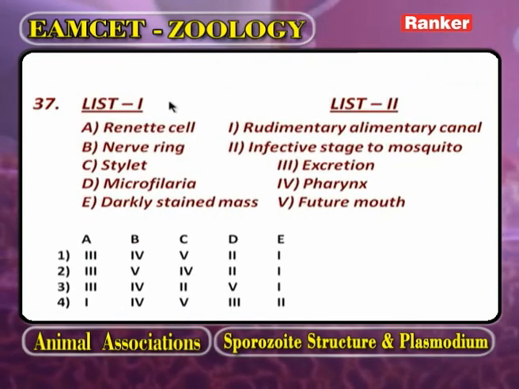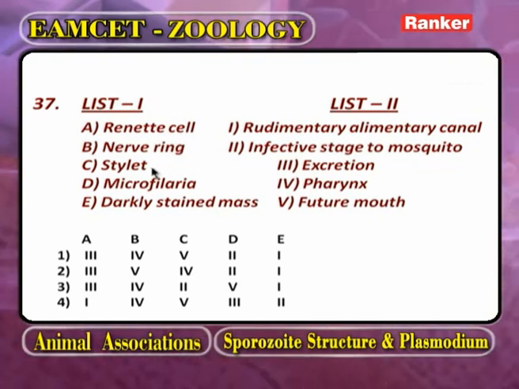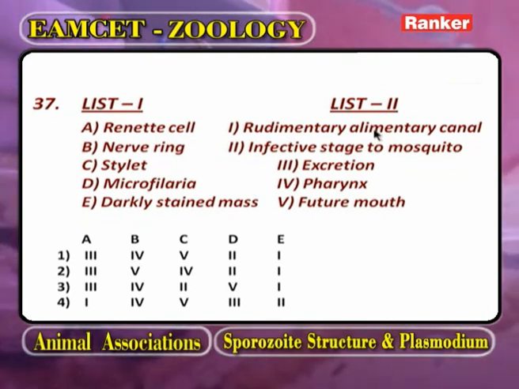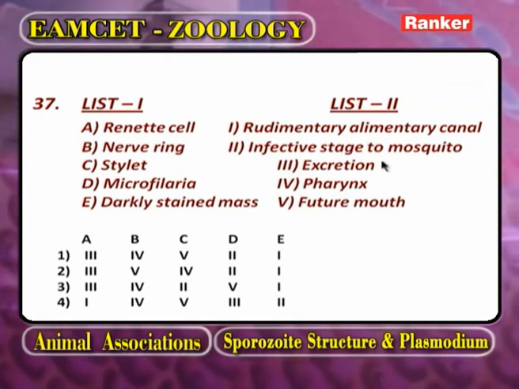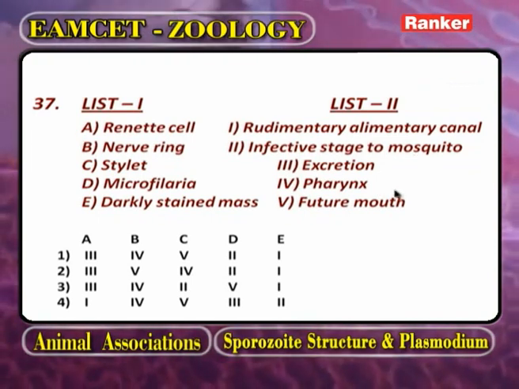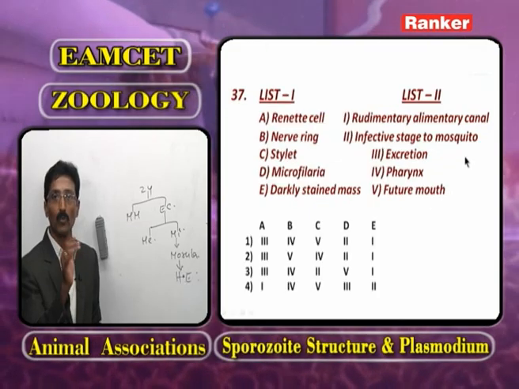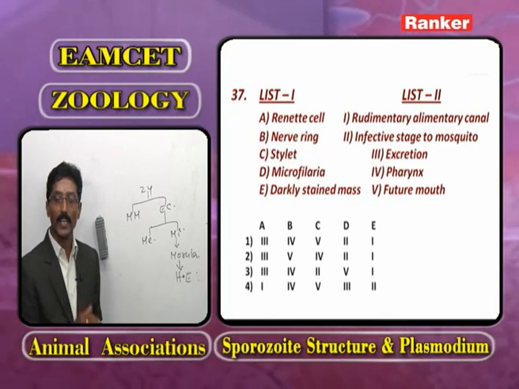List one: Rennette cell, second one nerve ring, third one stylet, fourth one microfilaria, fifth one darkly stained mass. List two: rudimentary alimentary canal, infective stage to mosquito, excretion, pharynx, future mouth. All these are observed in the life history of Wuchereria. Now, the Rennette cell is concerned with excretion.